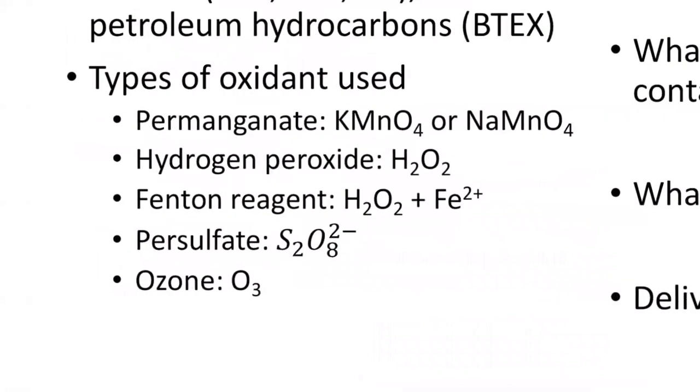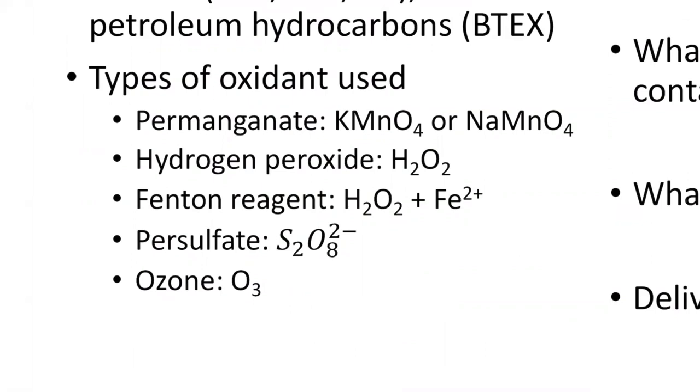One is permanganate, hydrogen peroxide. Another is Fenton's reagent, where the difference is hydrogen peroxide is mixed with dissolved iron 2. It creates radicals, which are much more reactive than hydrogen peroxide. Then persulfate, and then ozone. Ozone is a gas.